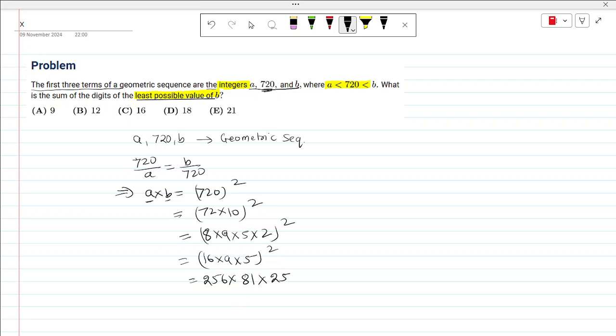So you can make trials here. If you take a 3 from 81 and give it to 256, it becomes 256 multiply 3, that will become 768.